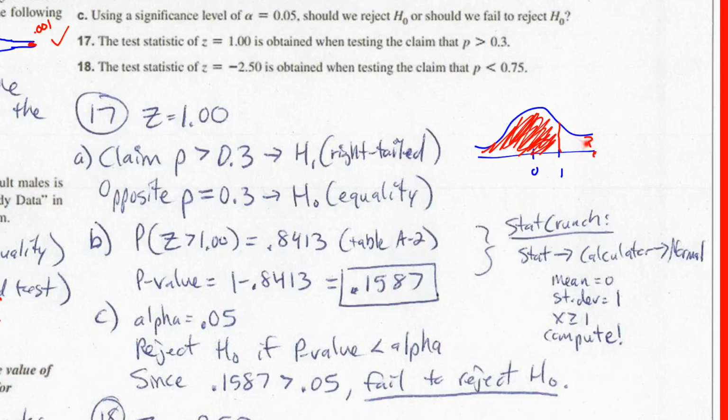Okay, so this right here is 0.1587, and alpha is 0.05. So because it's greater than, we fail to reject. Okay, always reject H0 if the p-value is less than alpha. Since it's not less than, it's actually greater than, then we fail to reject.